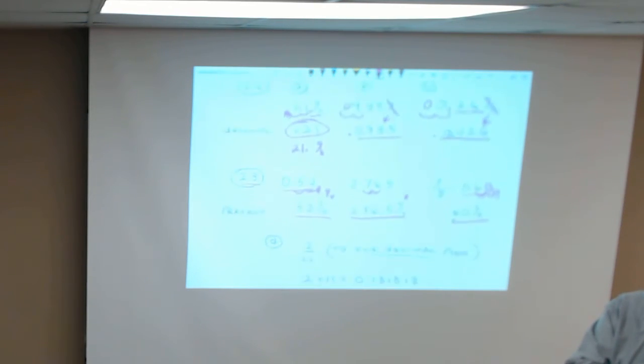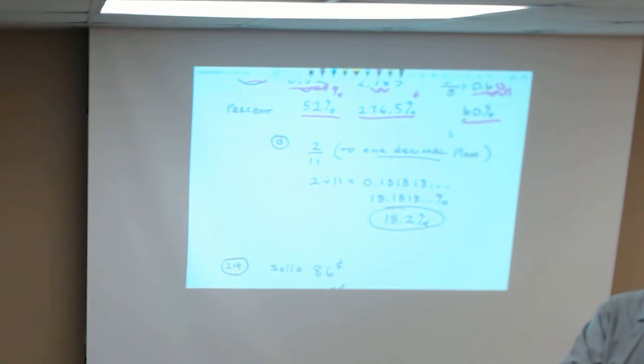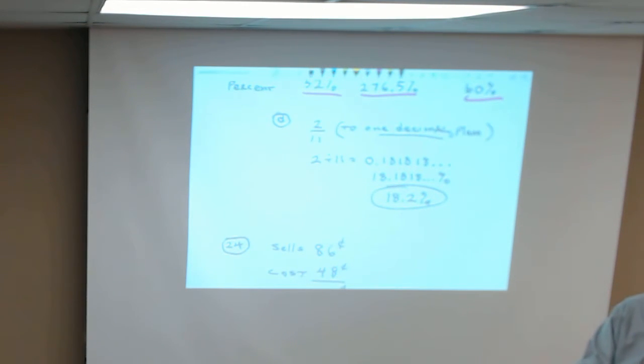Number D. 2 over 11. Well, I divide 2 by 11 and I get this number here. So what do I do to change that to a percent? I just move it over 2 places and it becomes 18.111 ... percent. But look what it says in the instructions. And it'll say that on the test too.